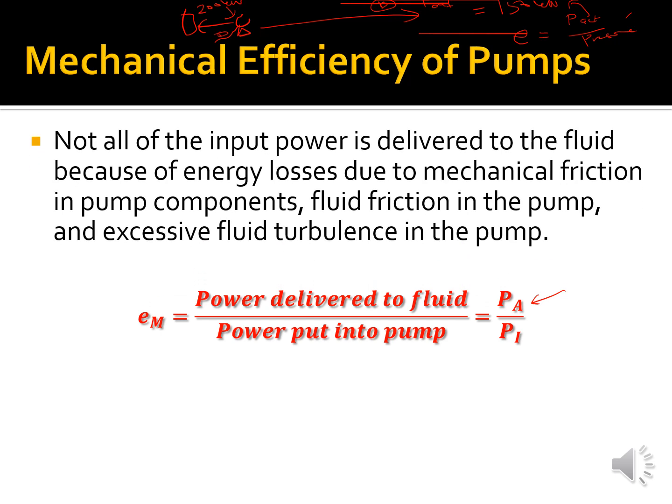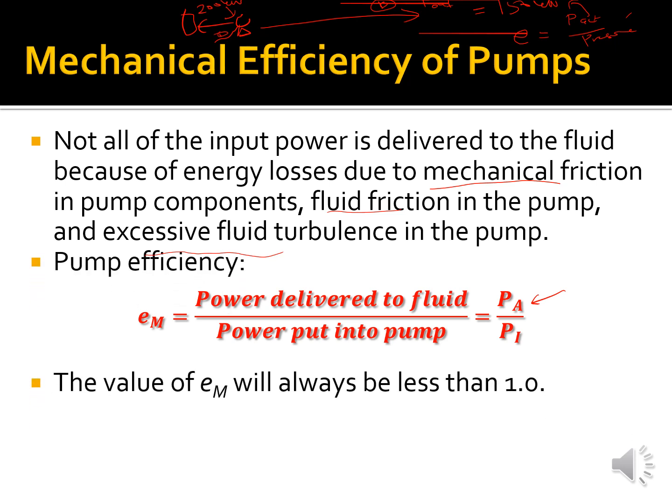The reason why we have to calculate it is that there might be energy losses during the process of transporting or moving a fluid from one point to another, which might be due to mechanical friction, fluid friction, and maybe excessive fluid turbulence inside the pump.